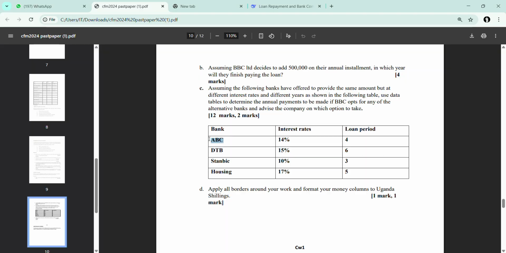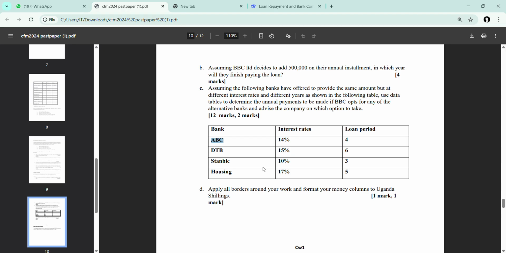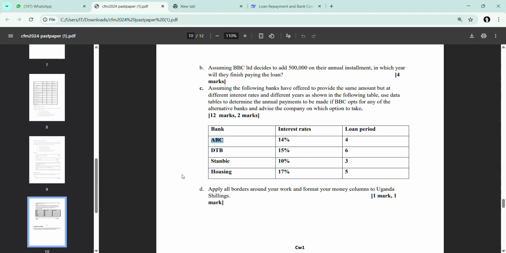So we shall have the different banks. We are having ABC, Stanbic, Housing, and DTB.